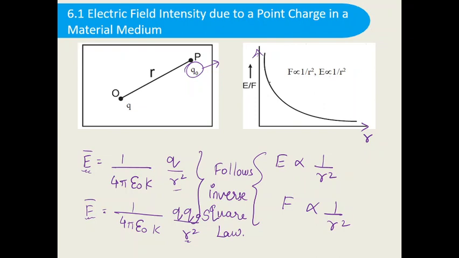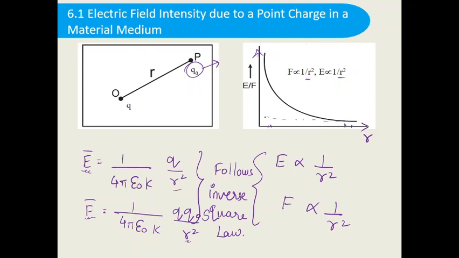This is the graph of electric field, which is inversely proportional to r square, and force is also inversely proportional to r square. That means for a smaller value of r, electric field and force have a very high value, and for a very large value of r, electric field and force are very small.